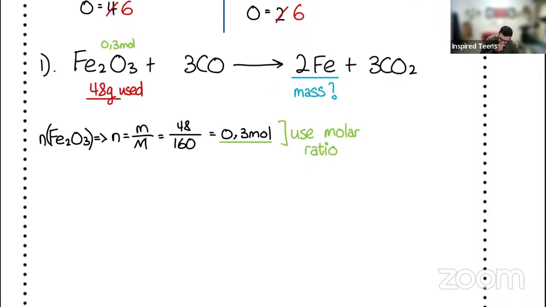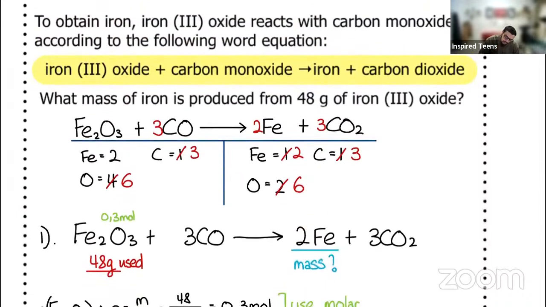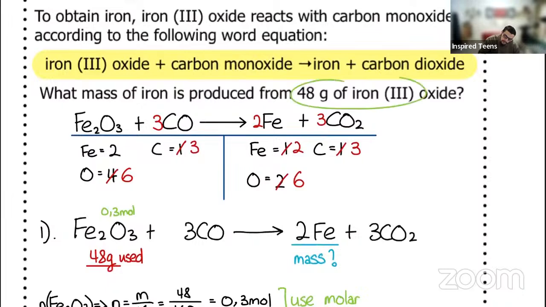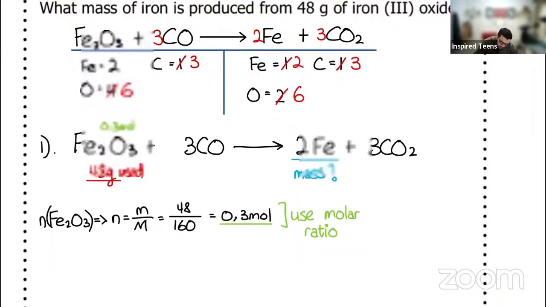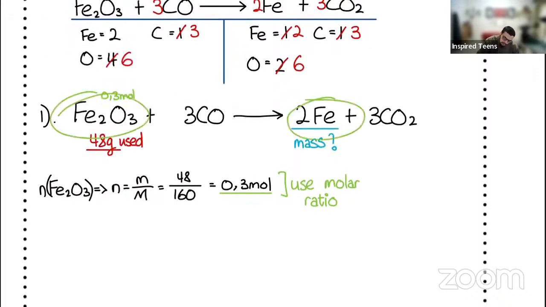Here they wanted us to use the mass of 48 grams of iron(III) oxide, and they asked what is the mass of iron produced. So iron is a product. What is the mass of this produced if 48 grams of that was used? So we're going to compare this to that.